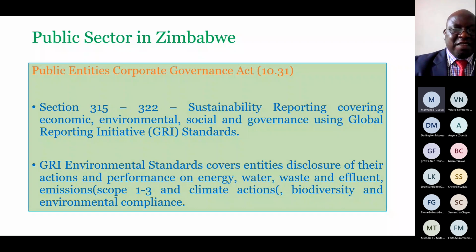The GRI environmental standards cover entities' disclosure of their actions and performance on energy, water, waste and effluent, emissions. That covers scope 1 up to 3, and also their climate actions. It also covers biodiversity and environmental compliance.